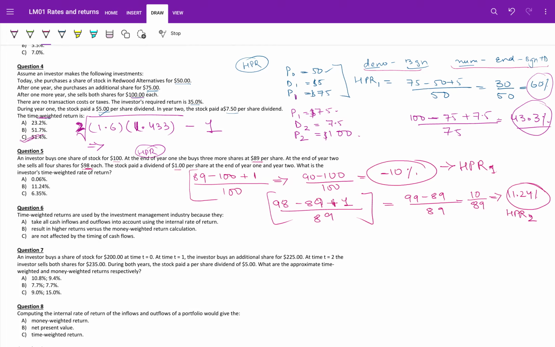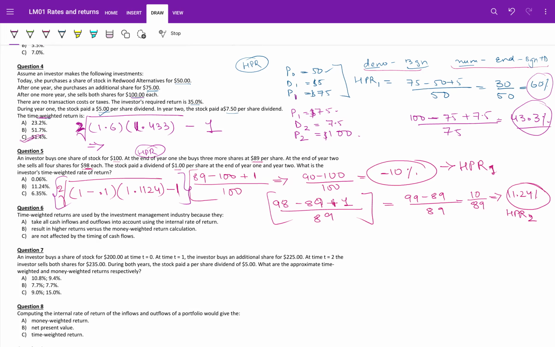Now I'm going to plug these numbers into my calculation. So 1 minus 0.1 and 1 plus 0.1124, to the power of square root, minus 1. I'm going to calculate this using the geometric mean.